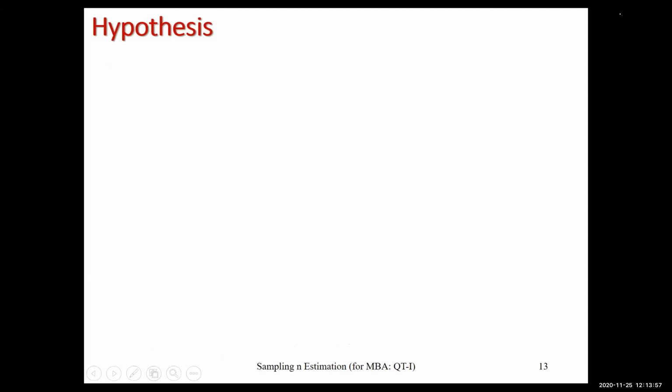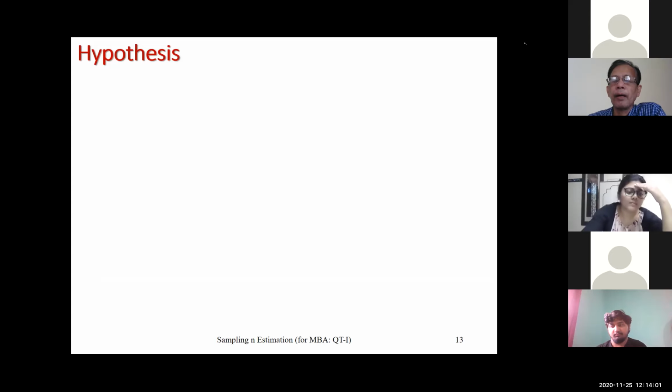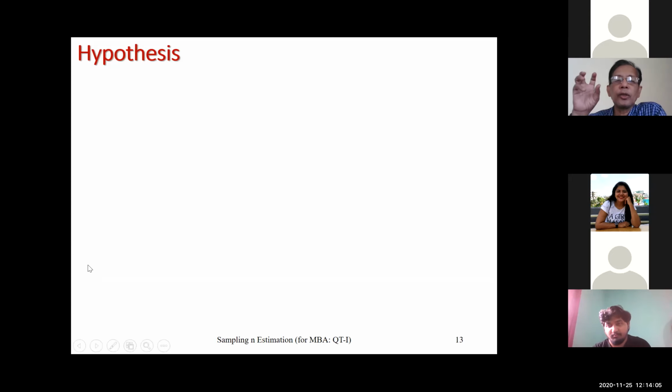Sir, will you please explain the cluster sampling? Cluster sampling need not be only to the cluster of industrial houses. Even say, for example, television serial appreciation. Say, for example, a particular serial may be liked by children, may not be liked by adults.